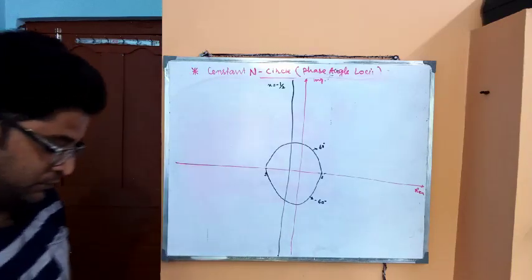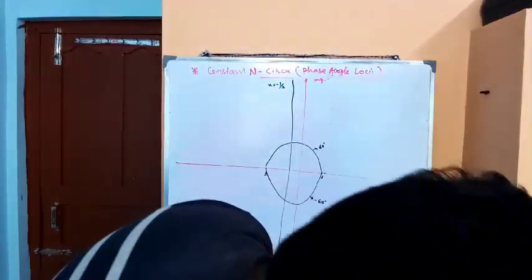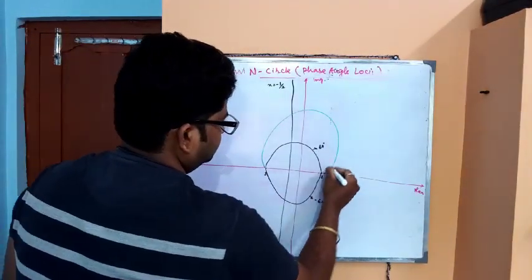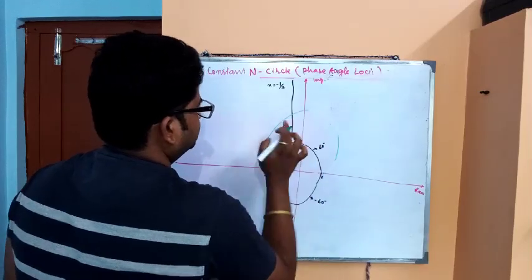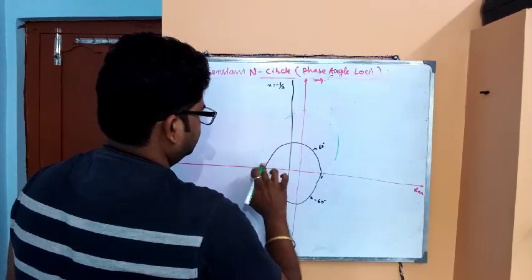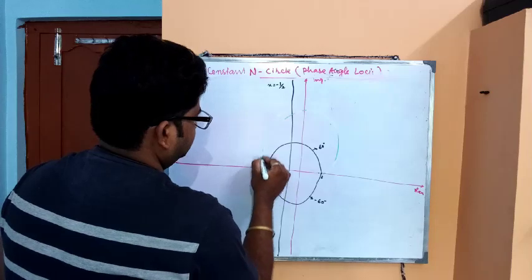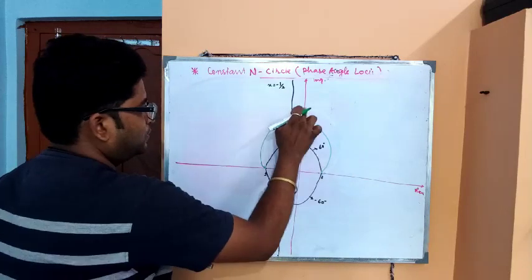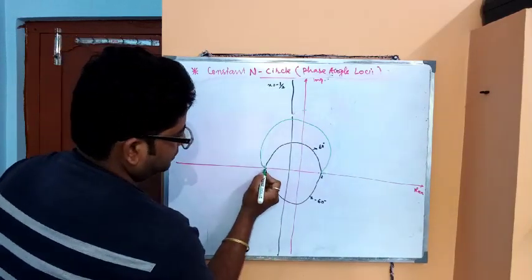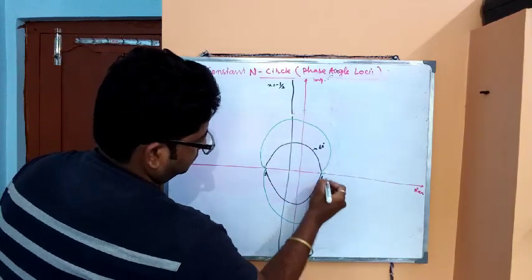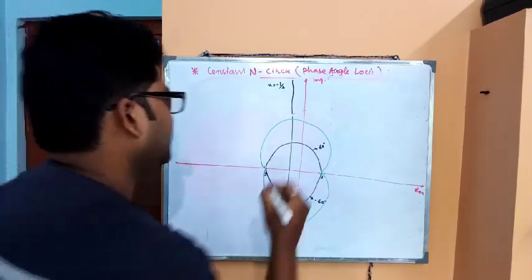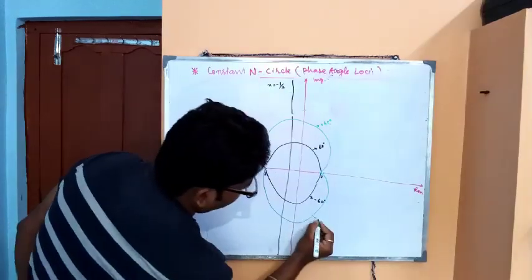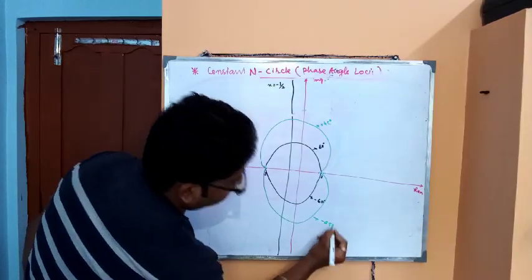Now the remaining ones, for plus 45 degree, this is for plus 45 degree, and similarly this one for minus 45 degree.